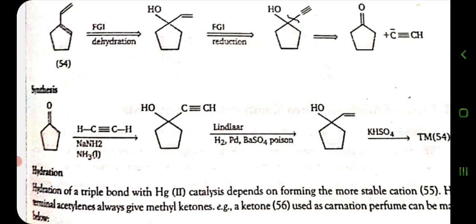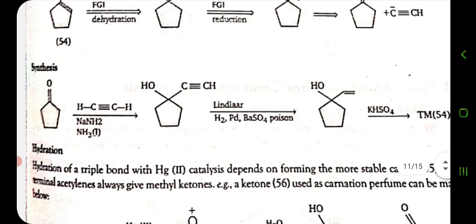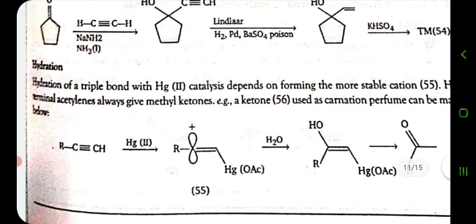Similarly, the hydration process: hydration of a triple bond with mercury(II) catalyst depends on forming the more stable cation, which is represented by number 55. Hence, terminal acetylene always gives methyl ketones.